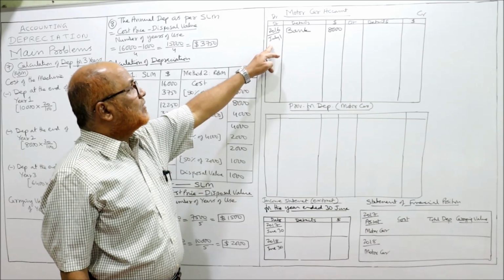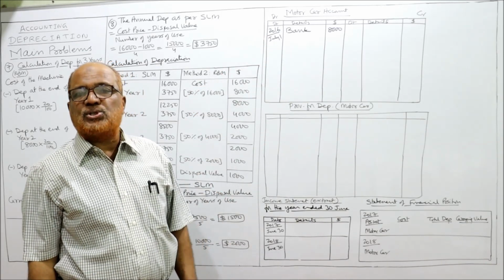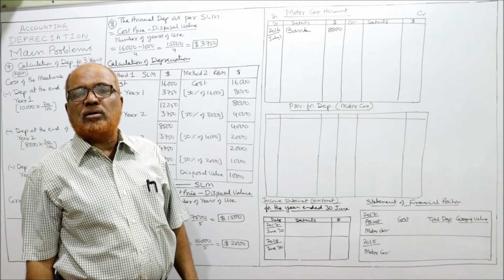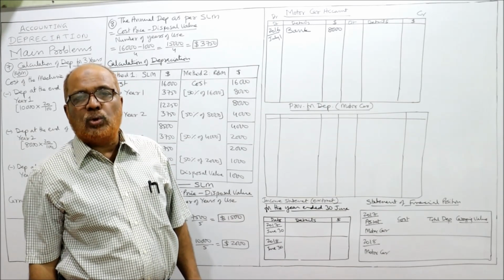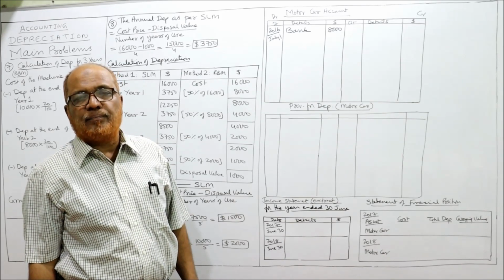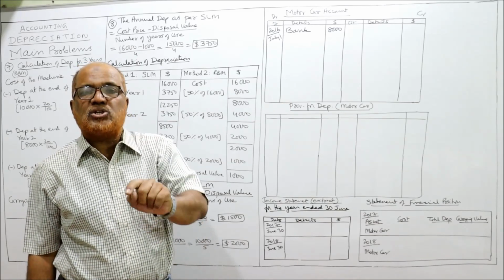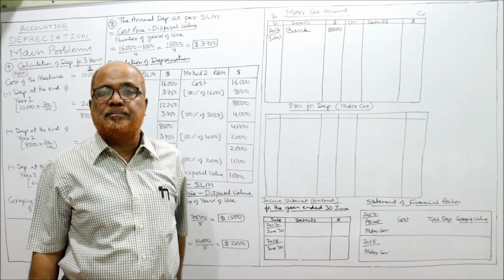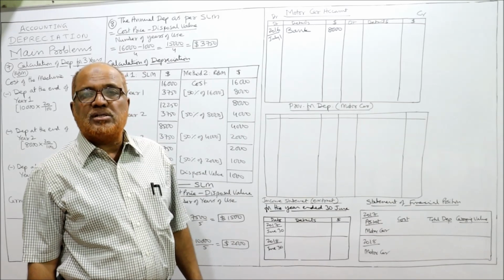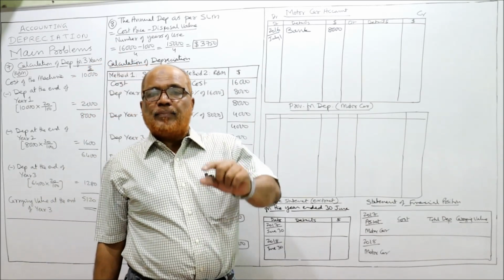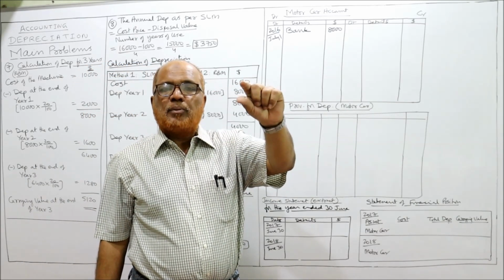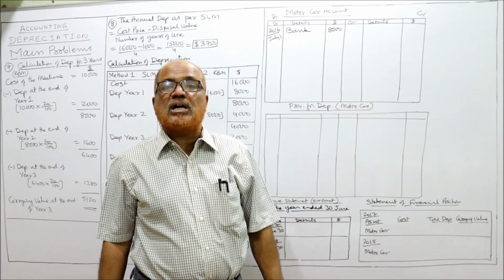Now the year begins from 1st July 2016. So year ends on 30th June 2017. So on 30th June 2017, after 1 year, depreciation has to be provided on the first car. 30th June 2017. So what is the entry? Income statement debit, provision for depreciation credit.